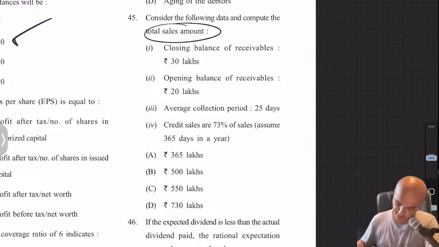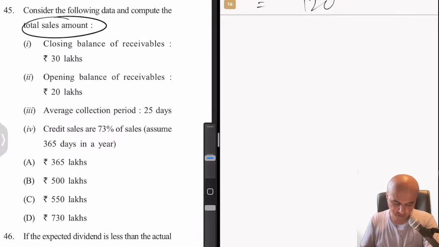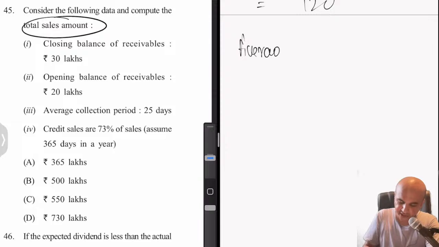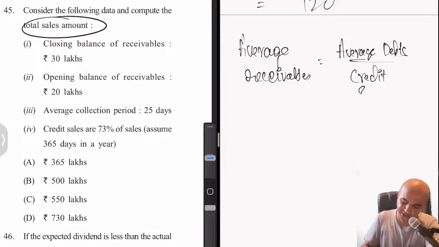Let me bring up my working note. The question is on the left hand side. What do we need here? Average receivables would be the average debtors divided by credit sales, into the number of months, or if the days is given, the number of days.